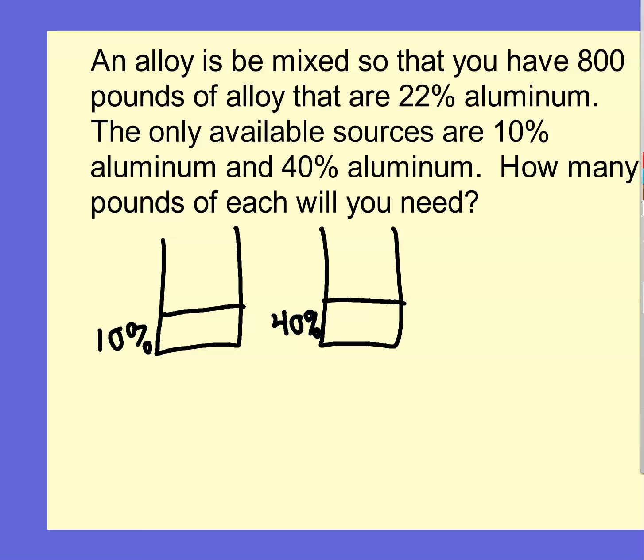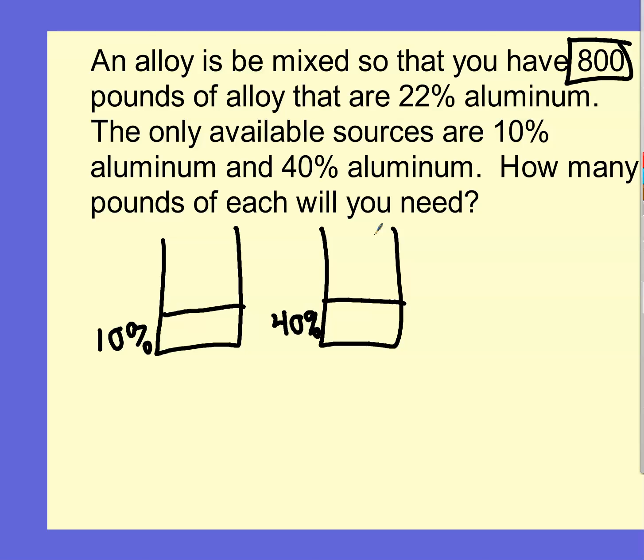When it's all said and done, I want to make sure that I've got 800 pounds that is 22% aluminum. So I don't know how much I've got here, I don't know how much I've got there, but I do know when I add them together, they're supposed to be 800.